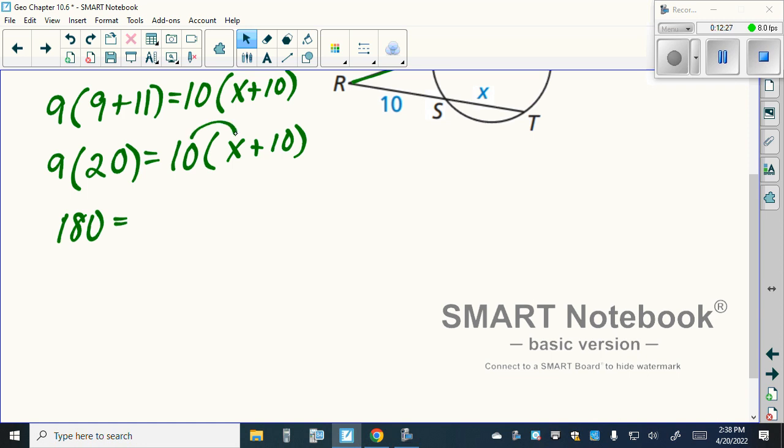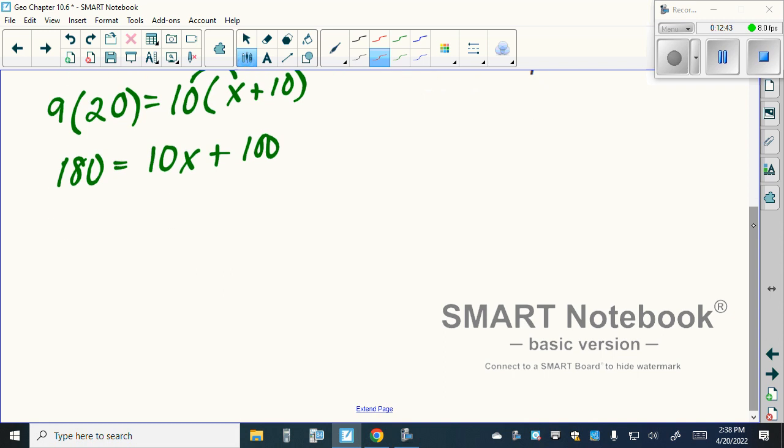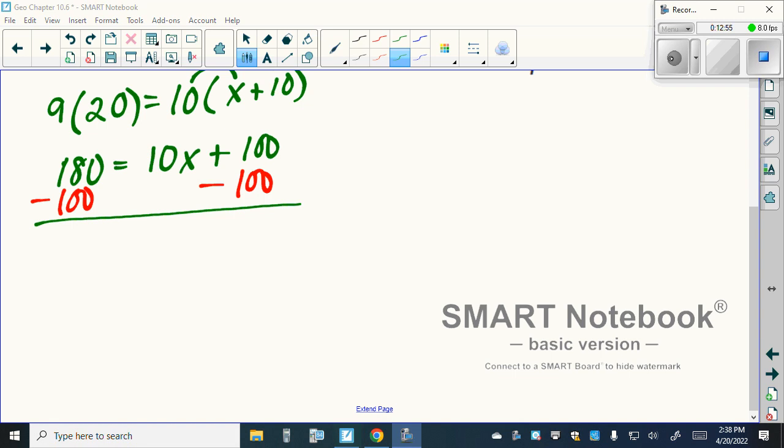Now on the other side, we can distribute the 10. 10 times x is? Plus 10 times 10 is? Now what do we need to do next to solve for x? We need to subtract 100 from both sides. Now 180 minus 100 is 80.